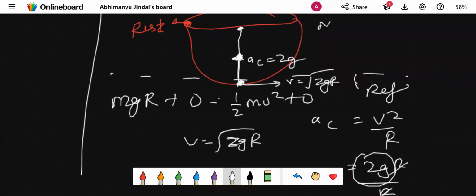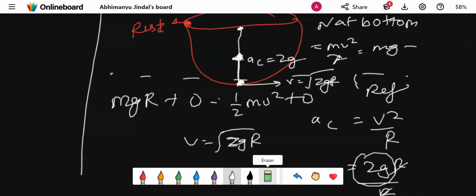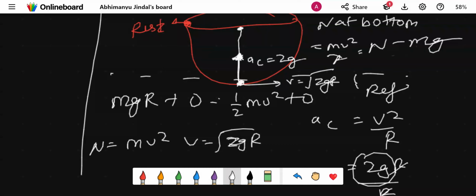Now if I say normal force at bottom, so what is the normal force at the bottom? The net force is mv square by r, which is mg minus, guess what, mg minus normal force. Sorry, normal force minus mg. So the normal force is mv square by r plus mg.